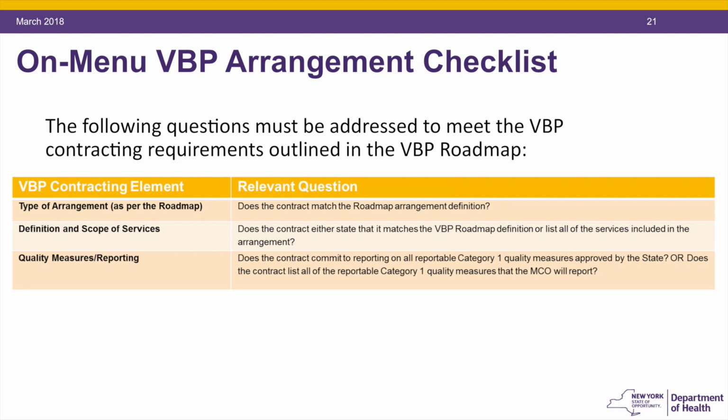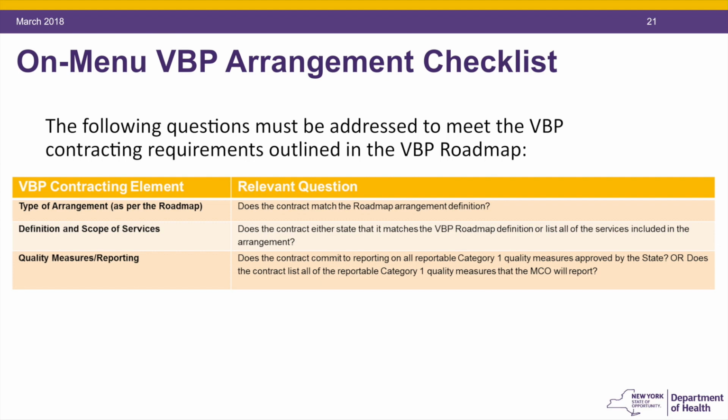So for total care for general population, all services that are currently available to the Medicaid managed care person receiving services are required to be in a total care for general population arrangement. IPC and maternity and all of them have a listing of services in the roadmap that we specify and that have to be included in that arrangement. We'll look for that, we compare to the roadmap and put a check mark if they're there.